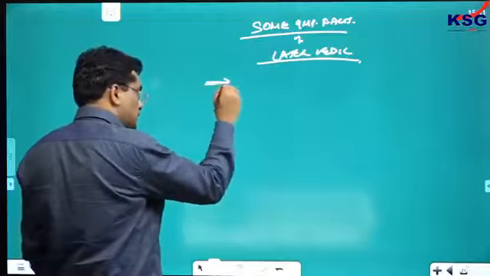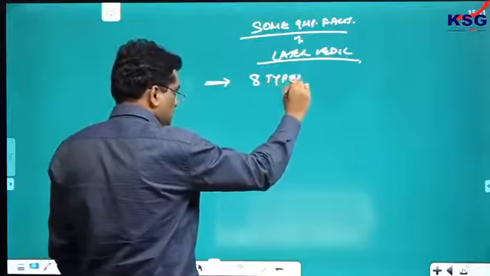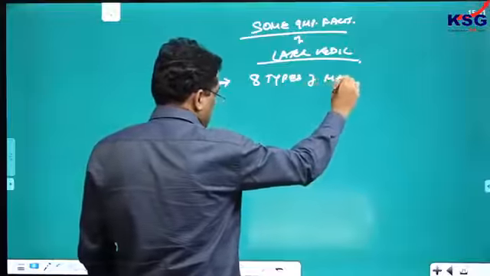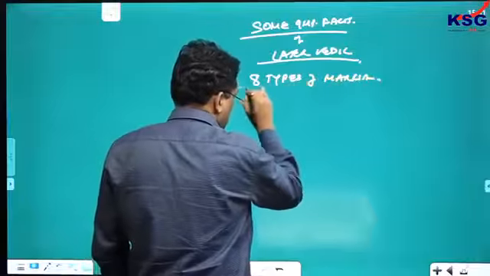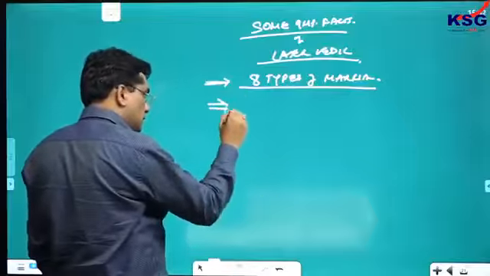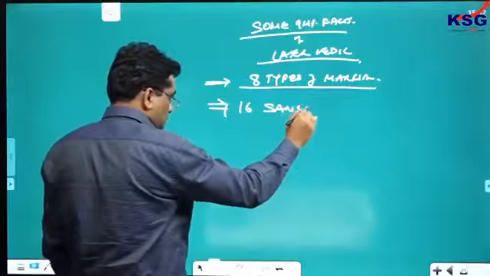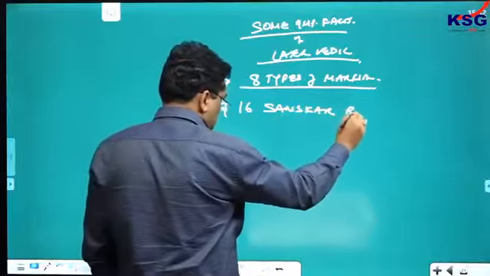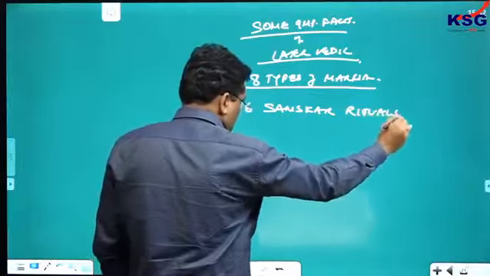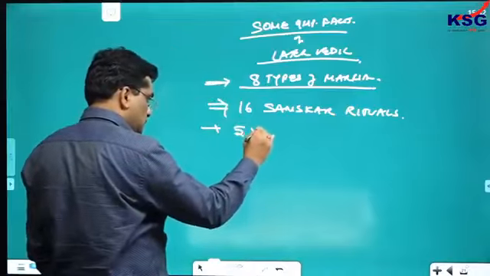Some important facts: there are 8 types of marriage. There were 16 sanskar rituals. 5 yajna daily.